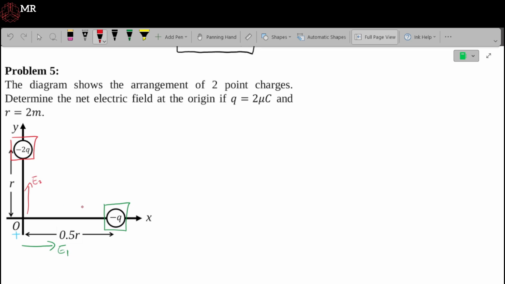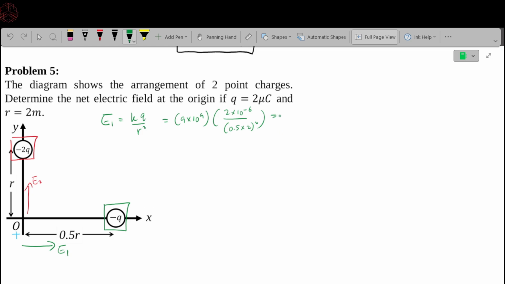Okay, so let me just calculate E1 first, right? So I have E1 equals KQ over R squared, and I can substitute the values there. I can have 9 times 10 to the power of 9, and then Q is just negative Q, which is just 2 times 10 to the power of negative 6, over R squared, which is 0.5 times 2 squared.